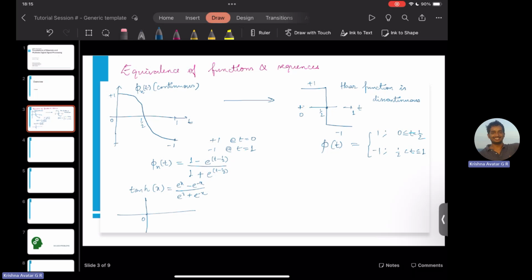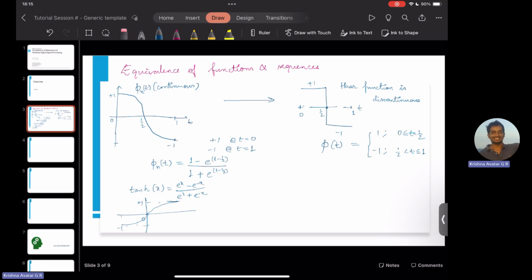Now at x equal to 0, it exactly cancels out, I mean, the numerator becomes 0. And as x tends to infinity, you have a value of plus 1, and at minus infinity you have minus 1. So taking this as an inspiration to construct our function.